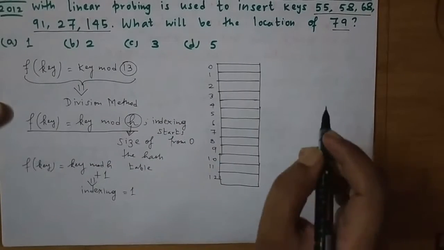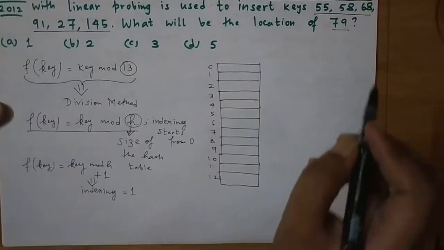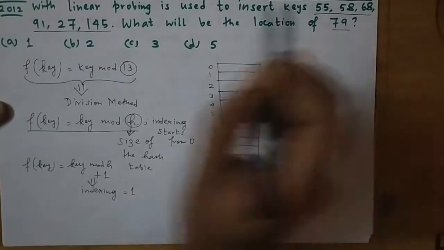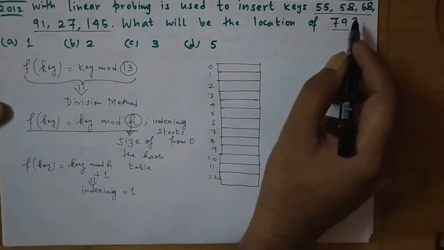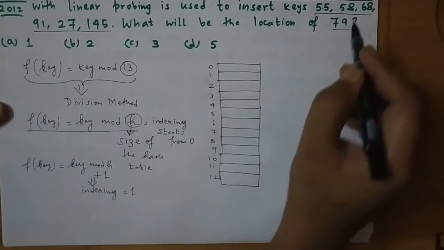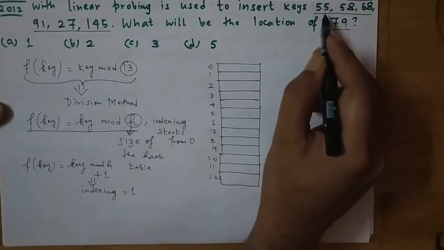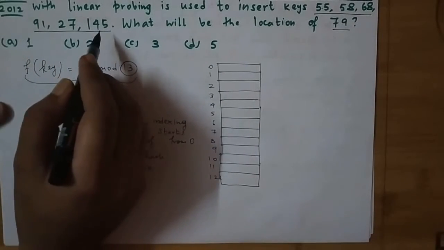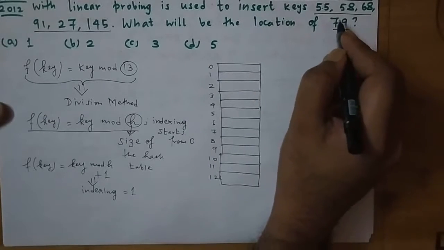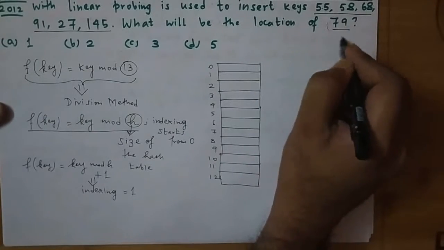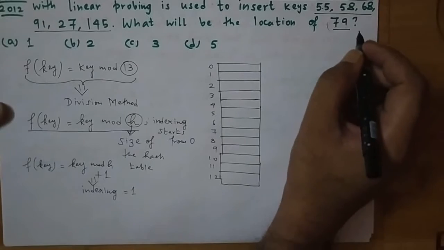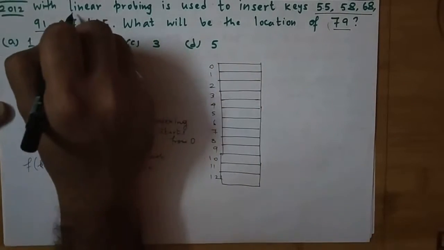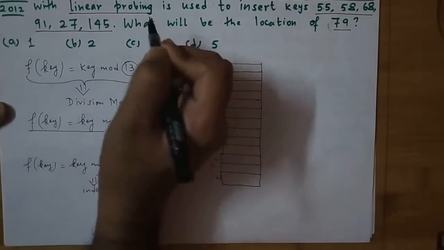Now we will find the location of each of these key values in the hash table, and after filling the hash table with the given keys 55, 58, 68, 91, 27 and 145, we will check the location of 79. One more thing to keep in mind: if a collision occurs, we will resolve it using linear probing.